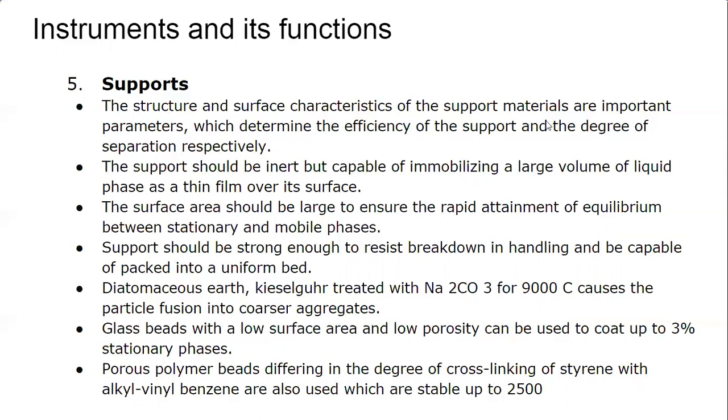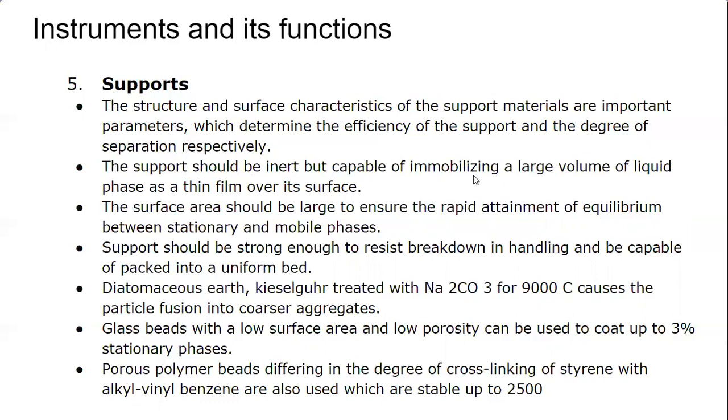So the supports again, these are the requirements that determine the efficiency and the degree of separation. The structure and surface characteristics of the support material are important parameters. The support should be inert, meaning it should not participate in a chemical reaction with our stationary phase, our carrier gas or components.